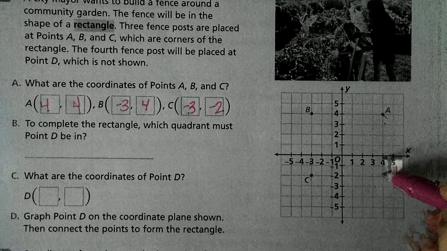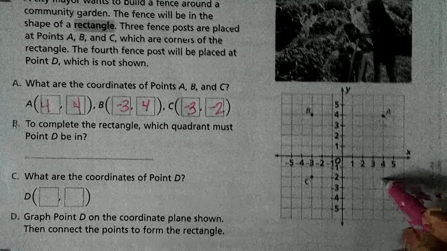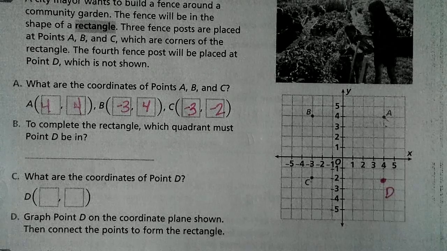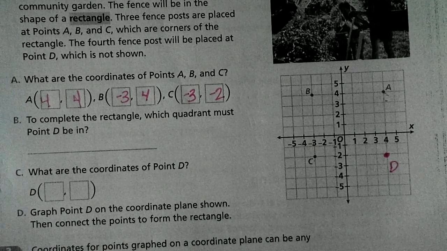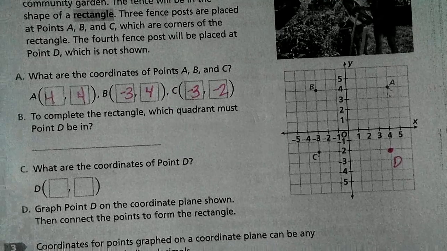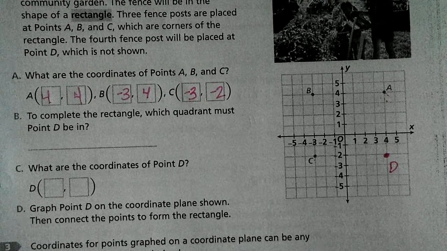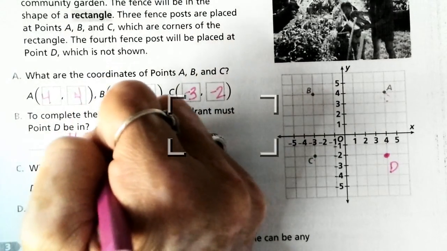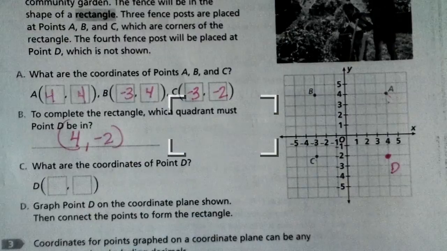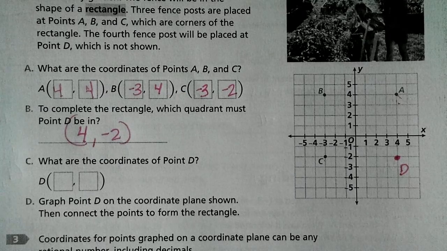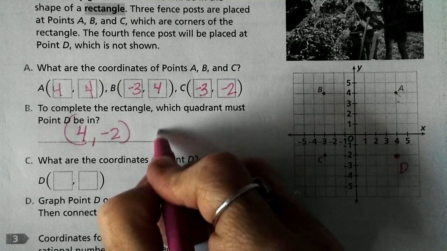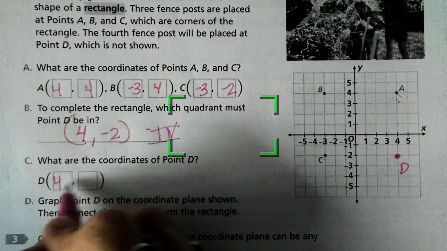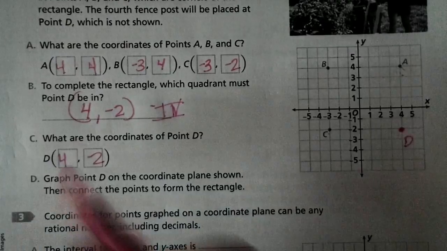Right here? We would put it at -2 and 4, but y'all gave me what first? 4. Right, 4 should be first because that's my x. So (4, -2). What quadrant is that? It would be in quadrant 4. And that would be (4, -2).